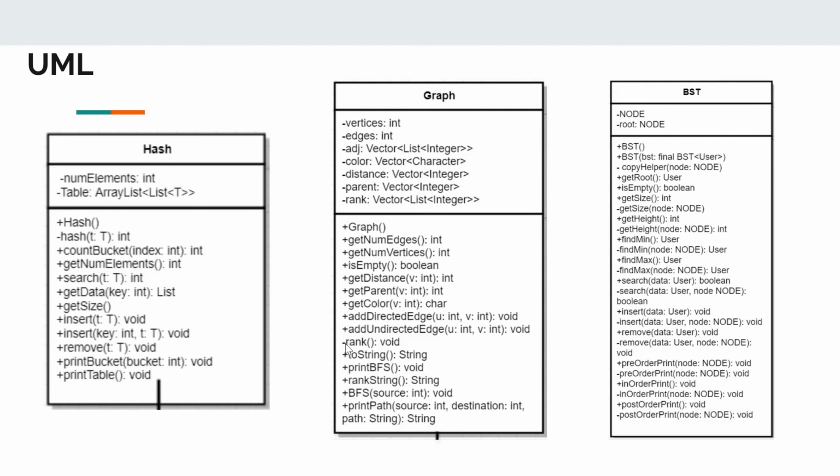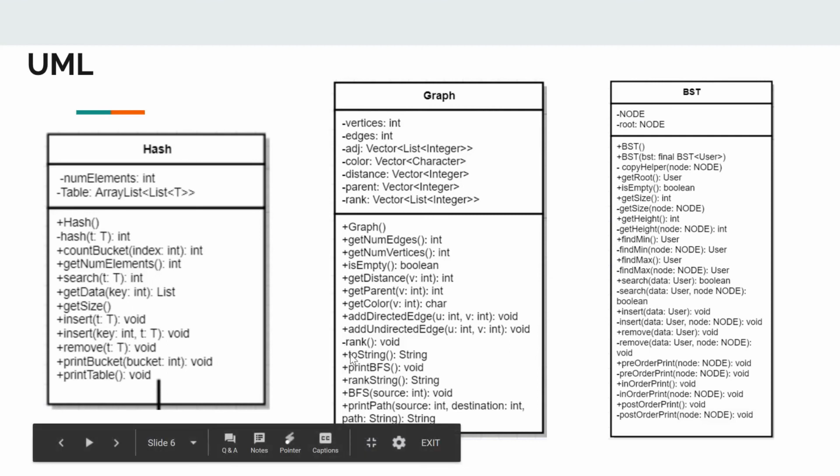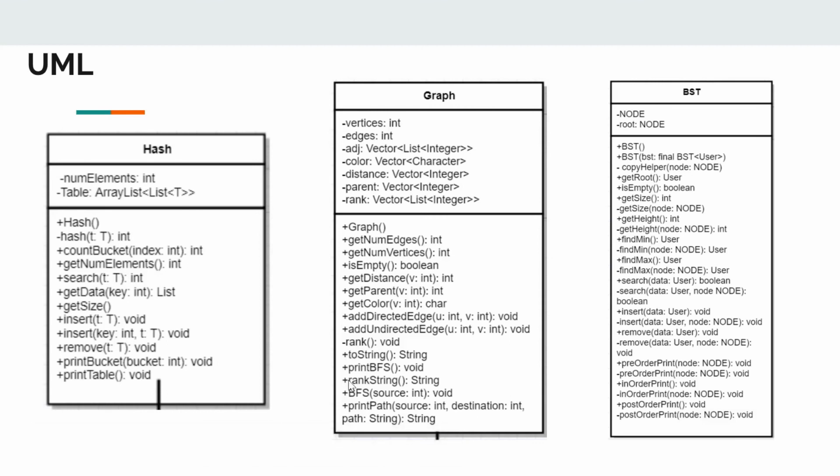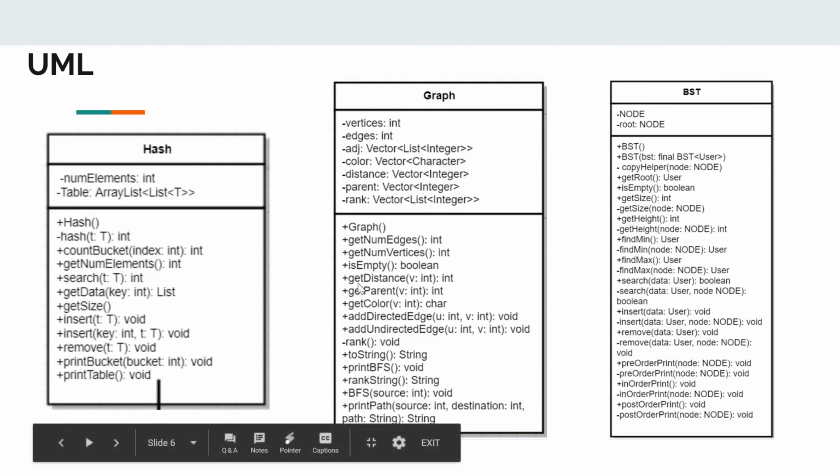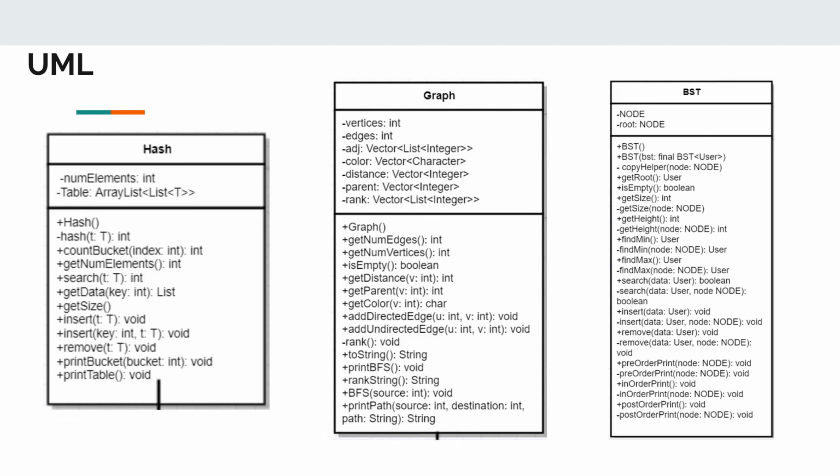And then I add one more private method, which is a rank. This rank is a private helper to the rank string method that brings the list of the people based on their distance to the original source. Then I sort the list of the people with the same distance, only the people with the same distance, by using the number of similar interests that this person has with the original source.